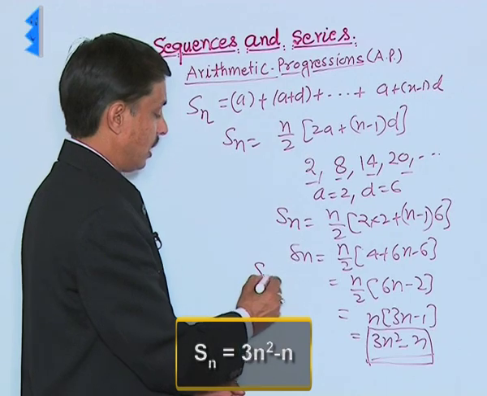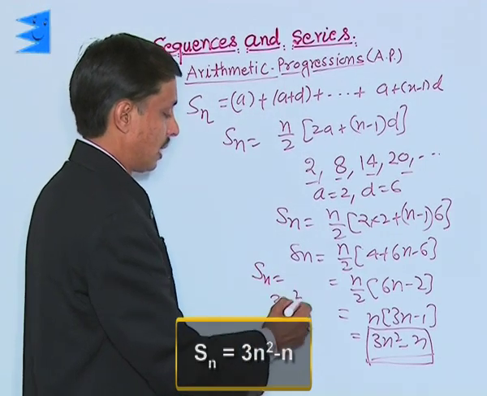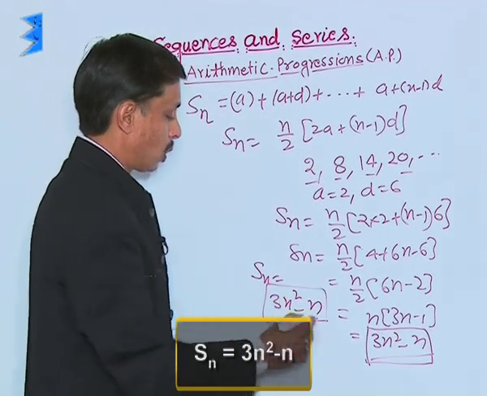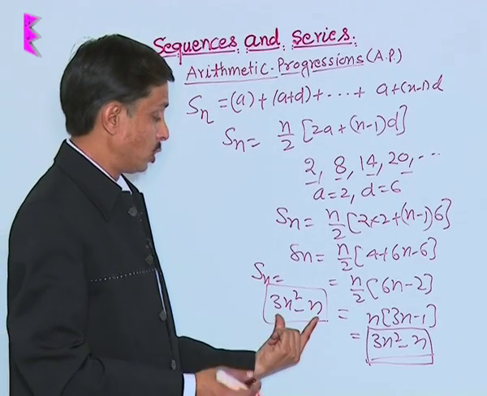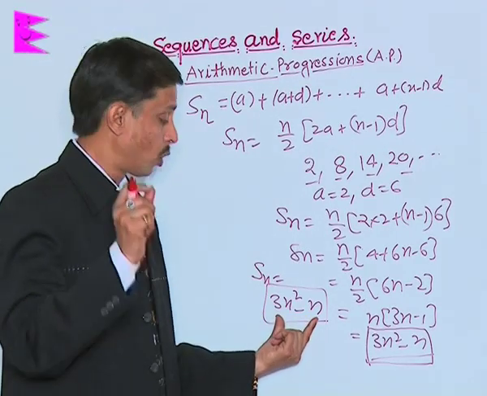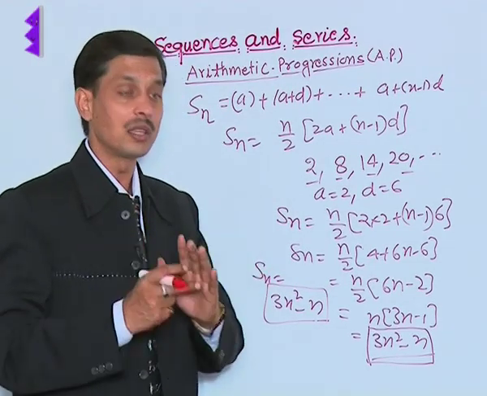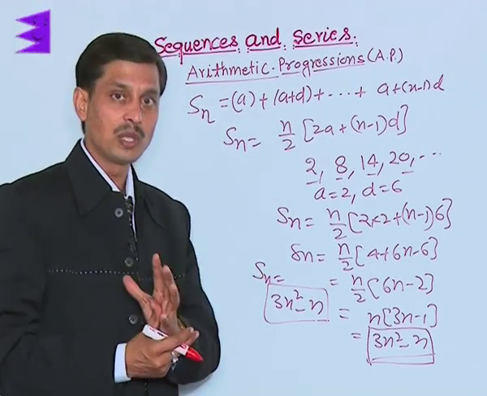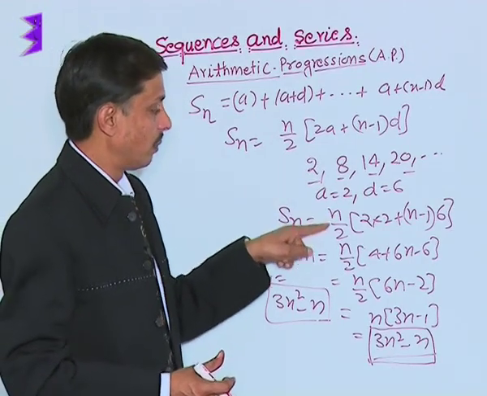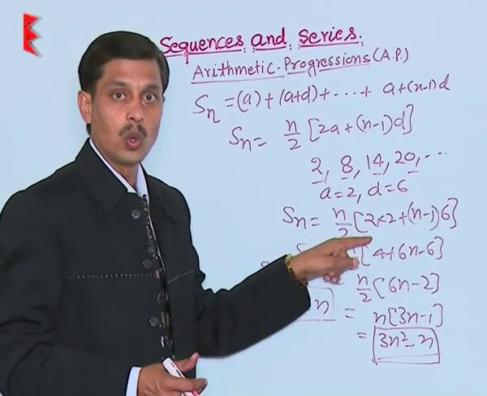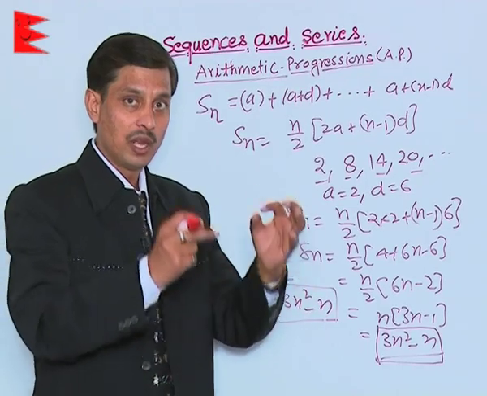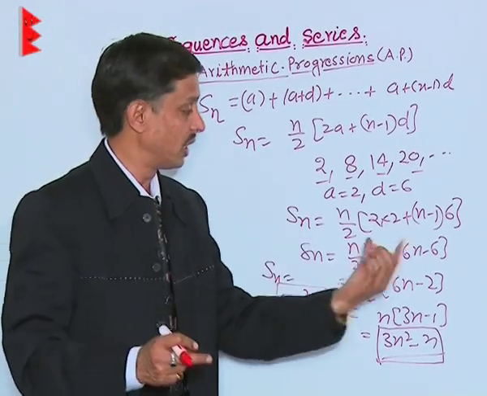If Sn is 3n square minus n, remember there is never any constant term in the Sn of any arithmetic progression. It is always quadratic, as n by 2 is multiplied with the whole. So there is no scope for any constant term.